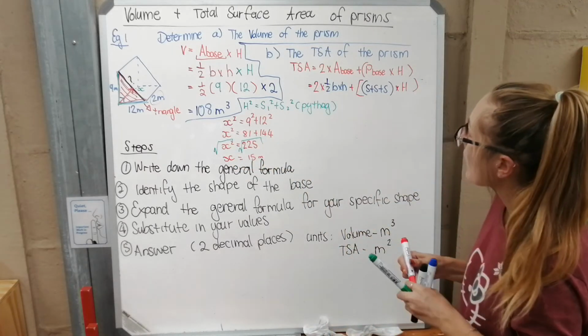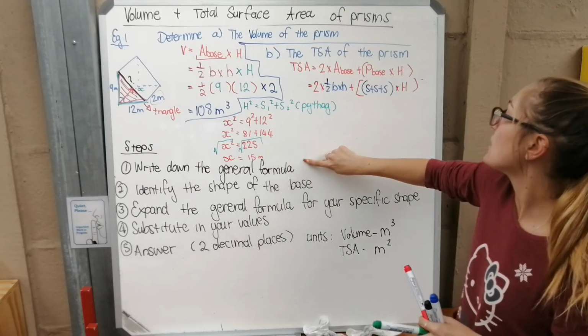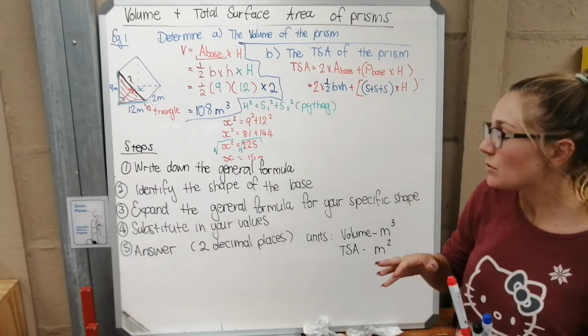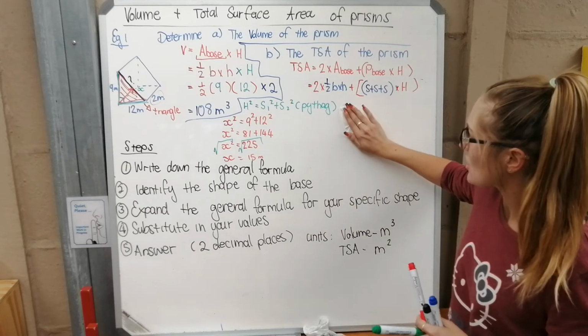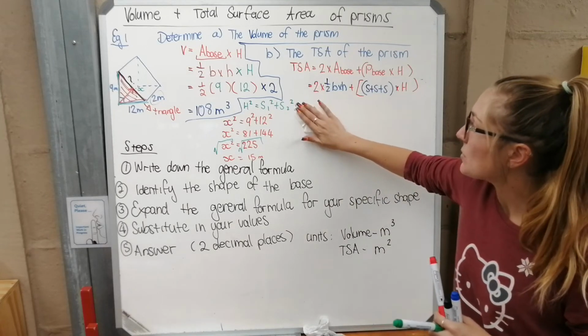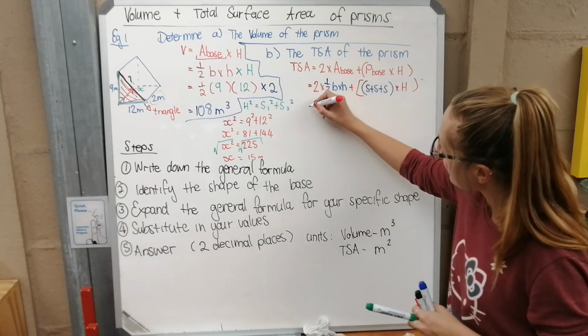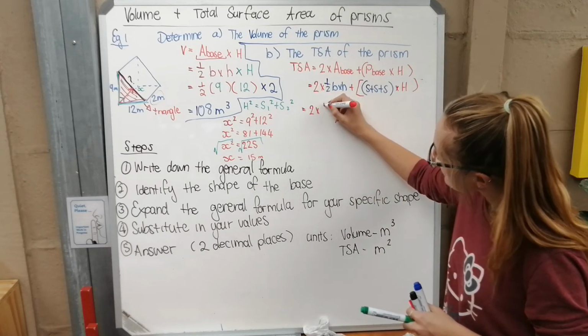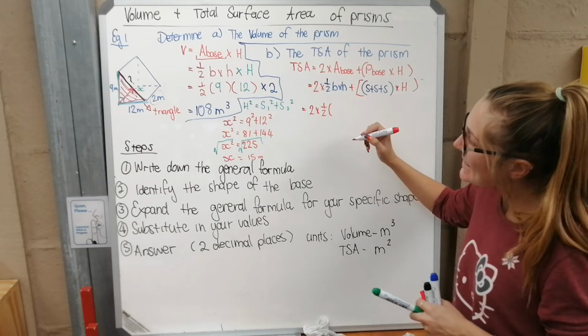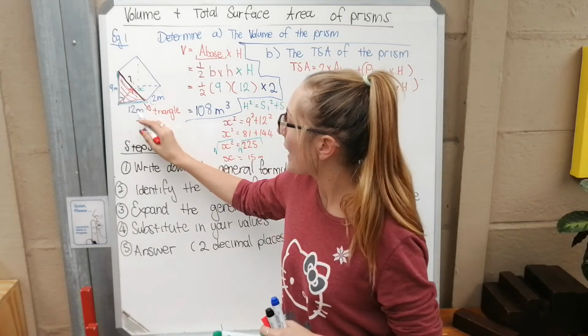Okay, so now we can go ahead and put this information in here. Now we know all the information we need. I'm just going to erase this reason. Don't forget that it needs to be there, but it's just taking up space. Okay, so this is now equal to 2 times half. The base and height of my triangle are 9 and 12.